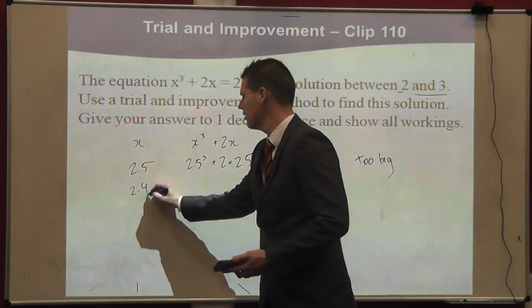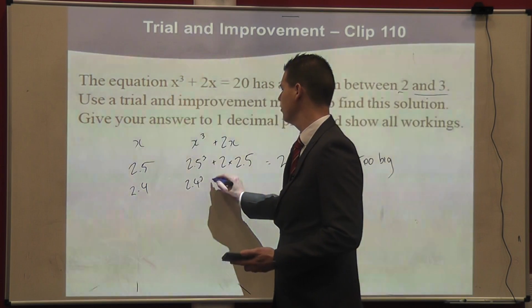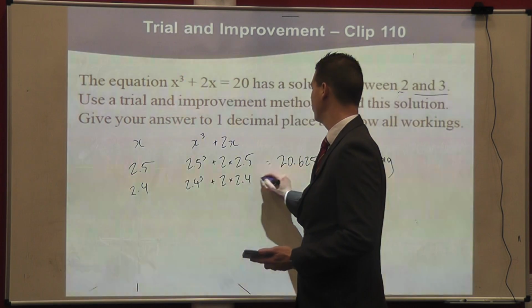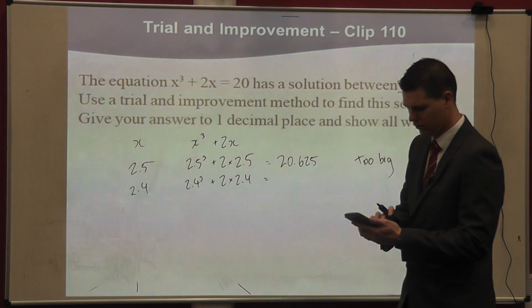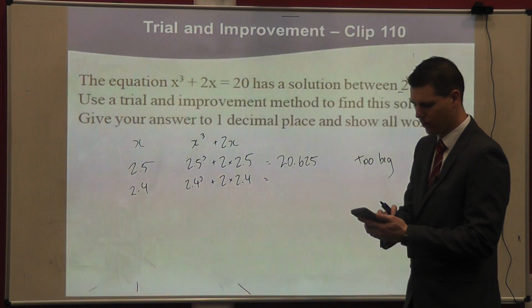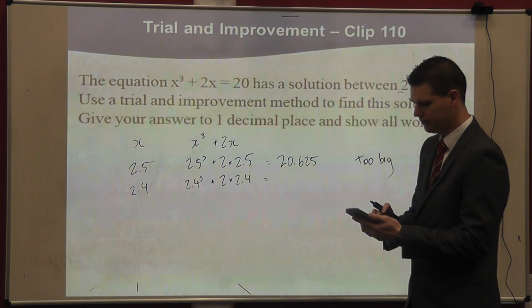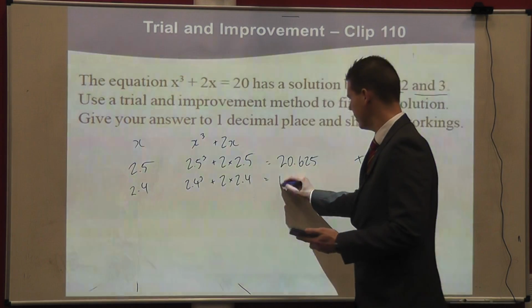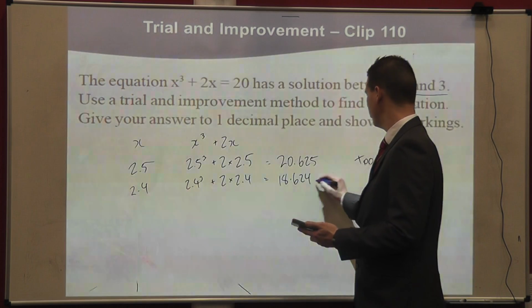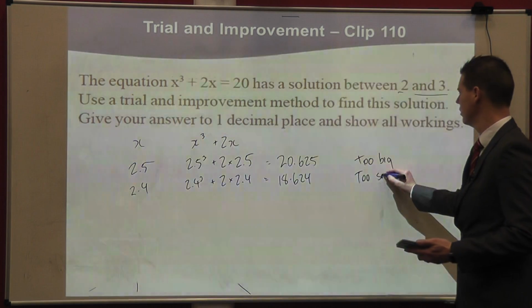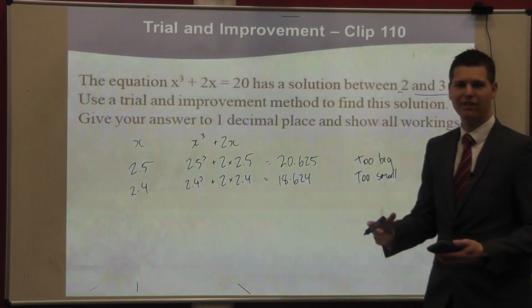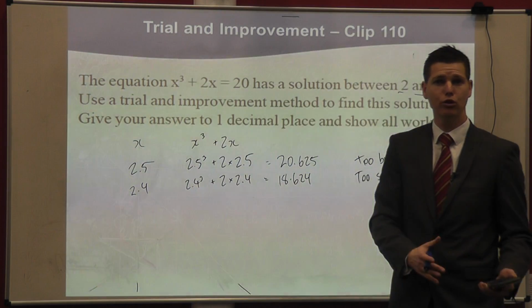I then do it for the number just below that, 2.4. Do it in increments. 2.4 cubed plus 2 times 2.4 is 18.624, which is too small. So I know my answer is either going to be 2.4 or 2.5.